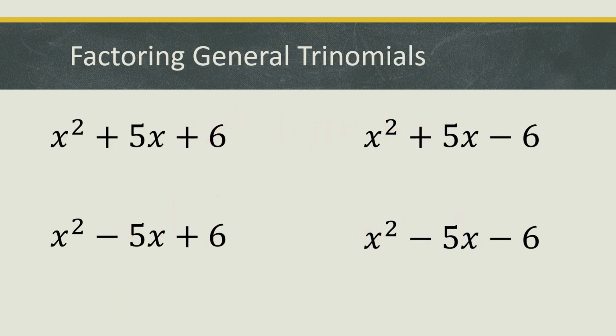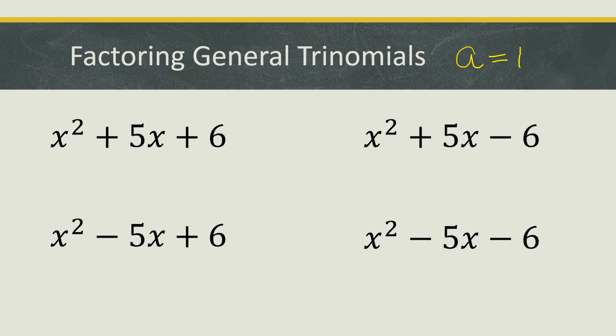Let's start with factoring general trinomials where a is equal to 1. Let us observe that we have here four examples of almost the same expression, but they differ in their signs. I will show you the differences between the factors of these four expressions.